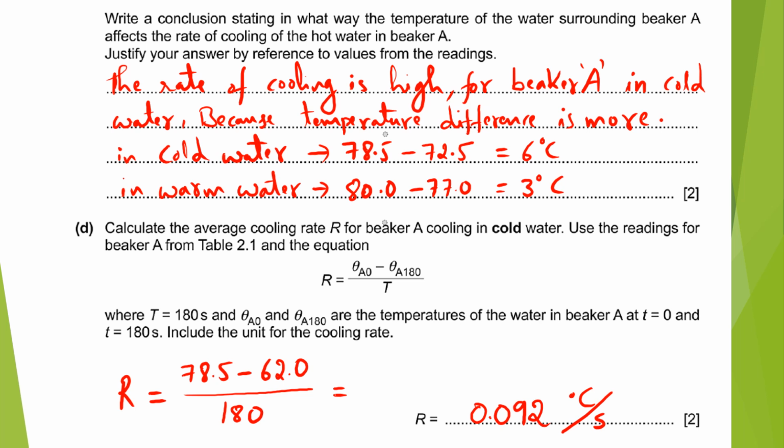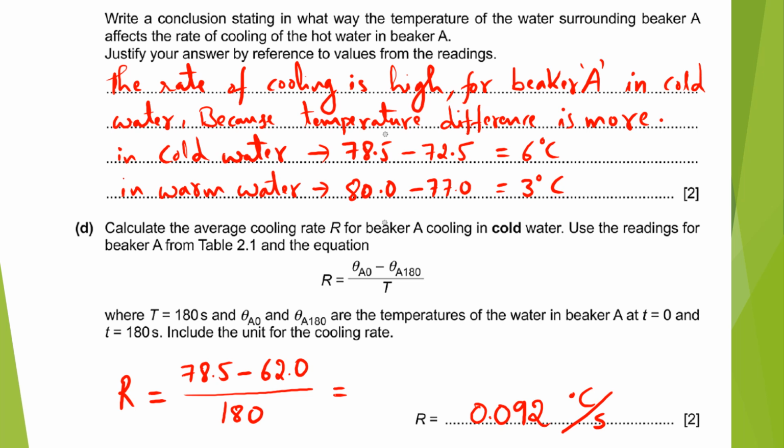Once again, it is a friendly way of reminding us to include the unit, which is 1 mark. Substituting the values as per the given formula and including the unit will be 2 marks.